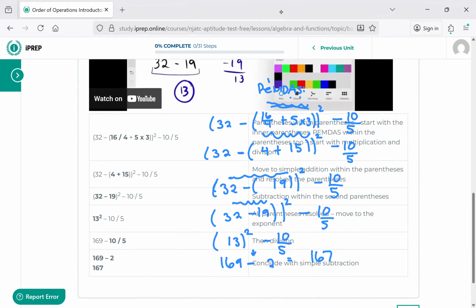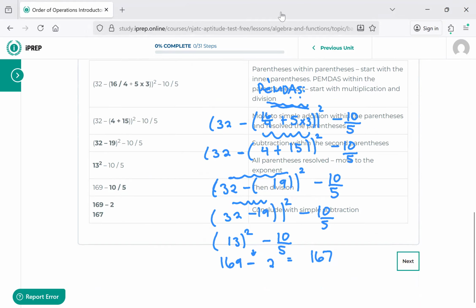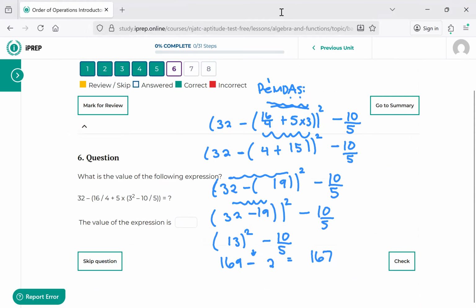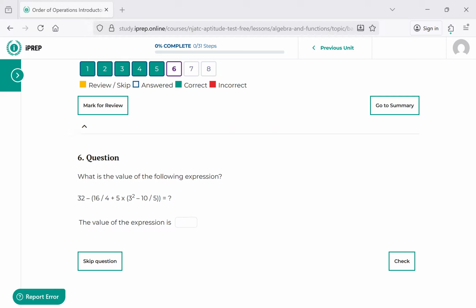Okay. Let's do this one. So we have a PEMDAS. We have this whole thing.